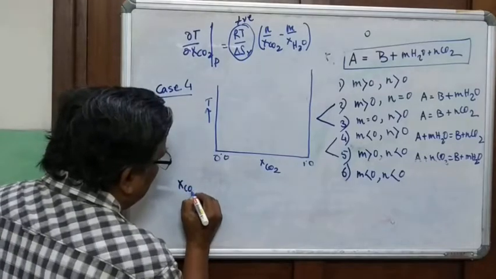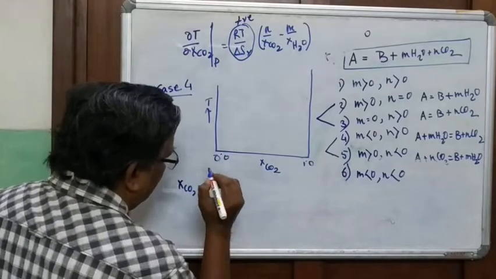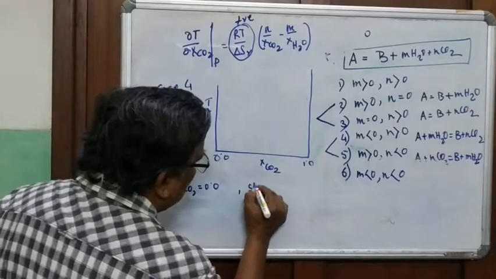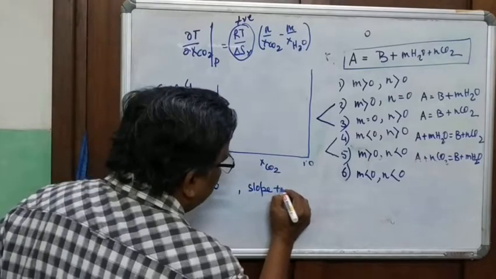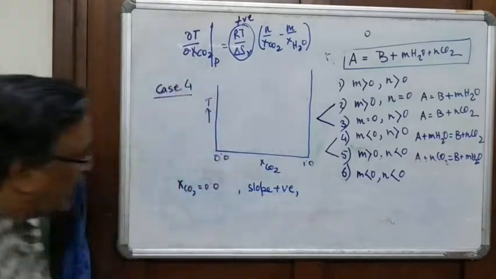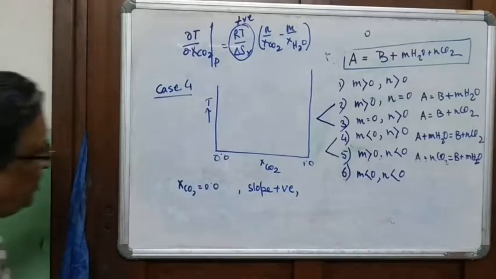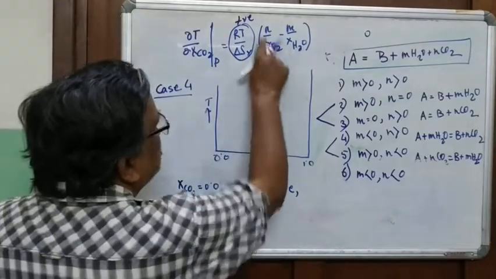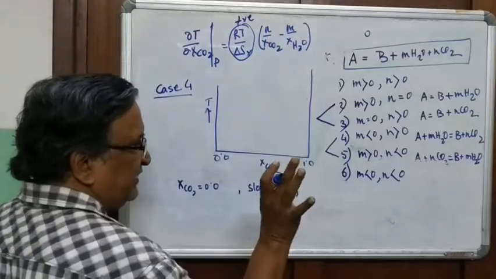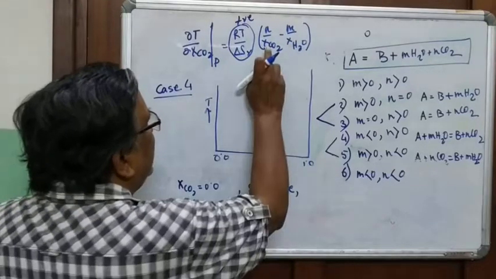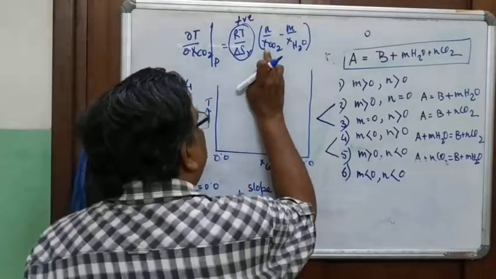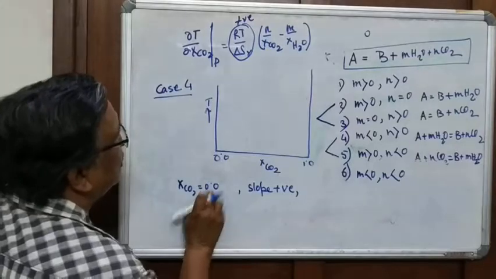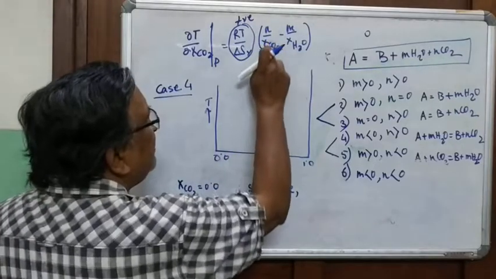At xCO2 equal to 0.0, the slope, of course, is positive. So we don't deal with the signs anymore. If xCO2 is 0.0, then this term is infinity.